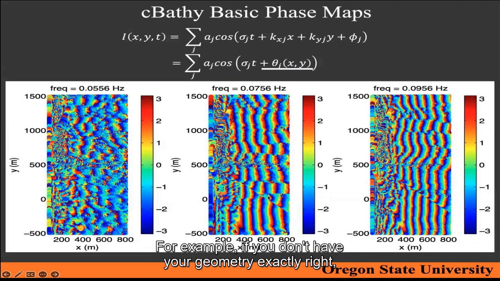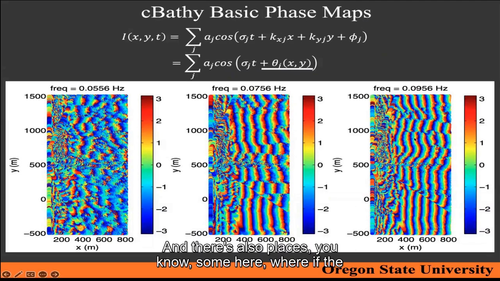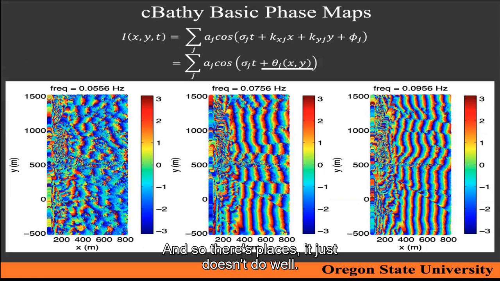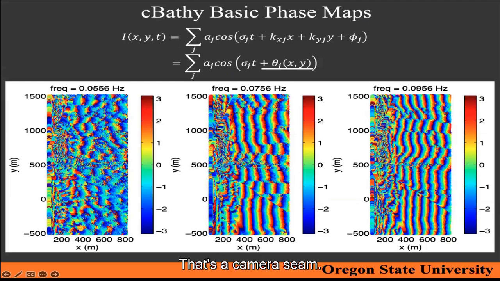For example, if you don't have your geometry exactly right, then you would see a phase jump. And there's also places, some here, where if the amplitude at that frequency at that location is close to zero, then the phase is poorly resolved, poorly defined, and so there's places it just doesn't do well. There are a couple of sharp lines. Those are, yeah, that's a camera seam. I don't know why that's there.